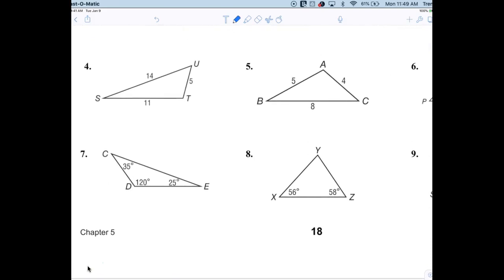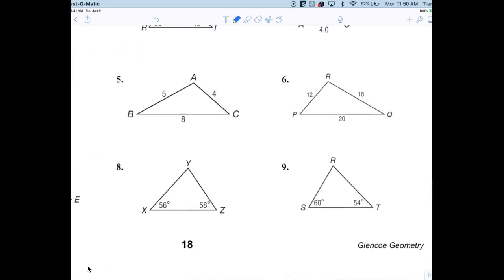All right, number 4. Good. Come on, let me hear everybody. Angle S, angle what? And then? Angle T. Anybody have issues? All right, number 5.